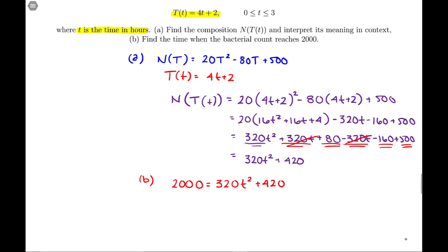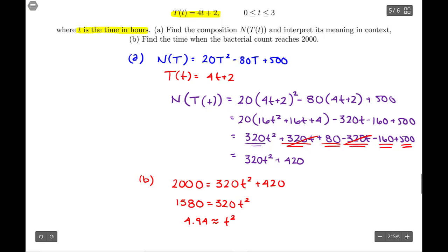So we're going to subtract the 420 from both sides, which would be 1580 is equal to 320t squared. And 1580 divided by 320 is approximately 4.94 equals t squared. And then we take the square root of both sides.